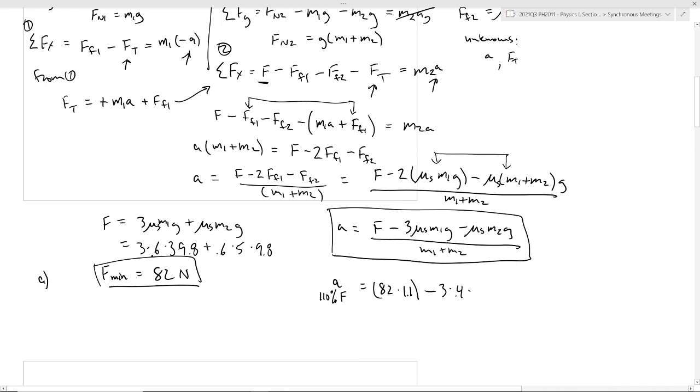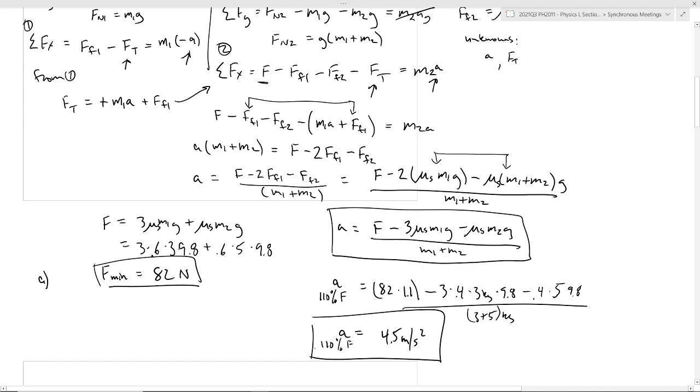So 3 times 0.4 times the 3 kilograms times a factor of g. So you see here, just putting in our ingredients, divide by the sum of the masses, and we would find that the acceleration for 110% F would be 4.5 meters per second squared.